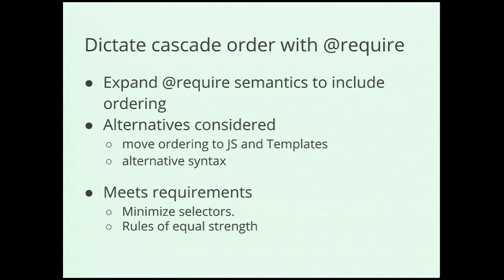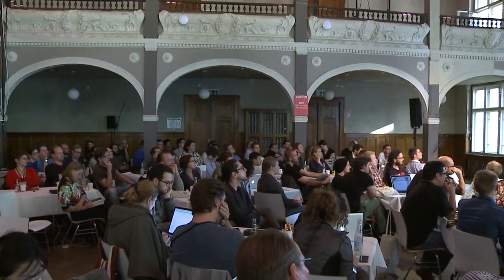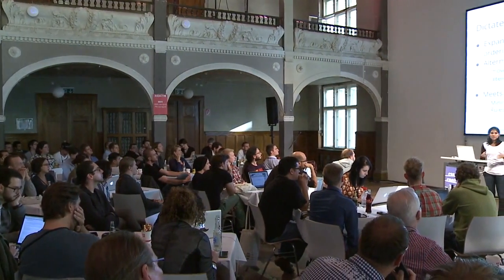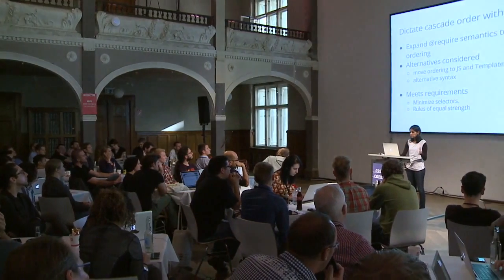And we've considered some alternatives here, like expressing this ordering in JavaScript and templates. And this wasn't as pretty, because first of all, we have to do it in both places. And now there is CSS ordering semantics in templates and in JavaScript. And we also like the solution because it meets our requirements. We minimize selectors. We have rules of equal strength.